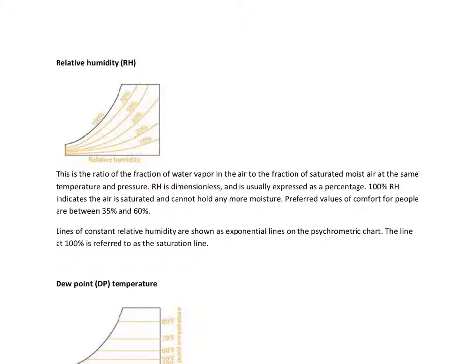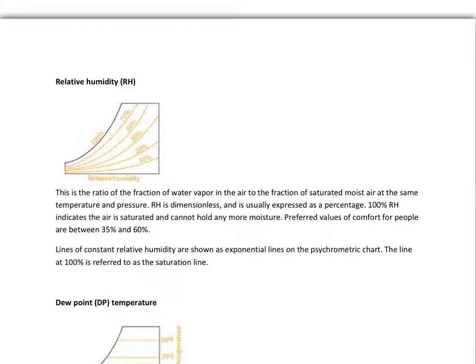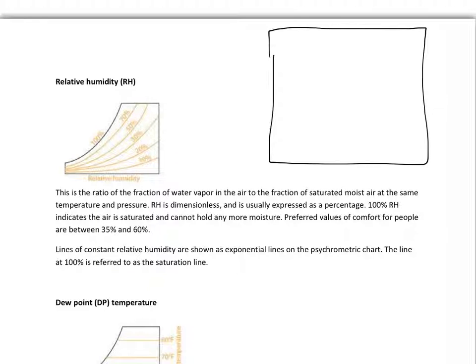So what we have to remember is that each air sample at a given temperature and a given pressure has a maximum amount of water vapor it can hold. So what's called the saturation level. So that's 100% saturation, which means that if you were to add more water vapor to it, it could no longer hold it. So no matter what you do, as much contact as it has with water, it's not going to hold any more water.